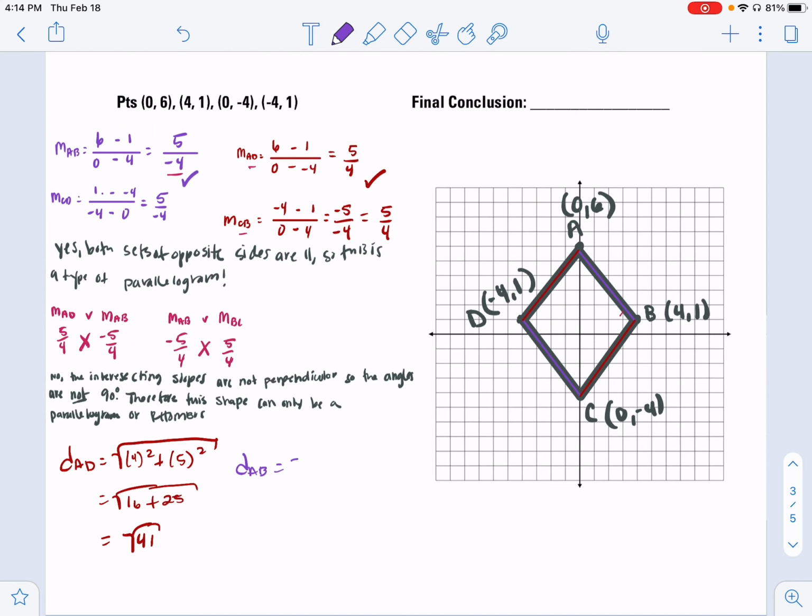And now if I come over here, let's do the same thing. So for AB, the change in X is 4, and the change in Y is 5. Immediately, I see that these are the same, so I say, yes, they are the same length. I could work it all the way out. We would obviously get the same thing.